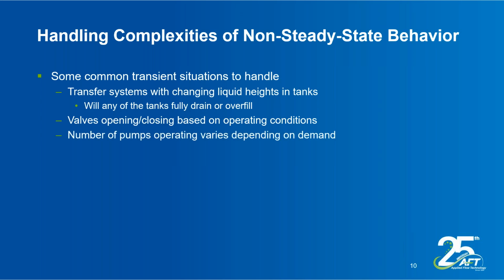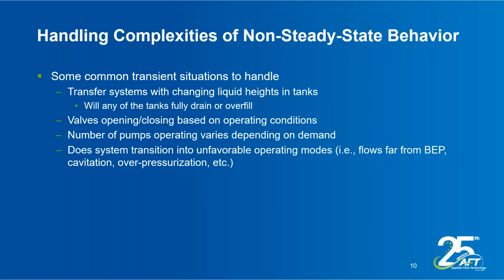Pumps would change their operating performance based upon your flow demand. You could stumble into operating modes that would not be good, such as flowing far away from your best efficiency point. Maybe you might start cavitating or overpressurizing your system. All significant issues that need to be dealt with, which are simply not steady state cases at all.